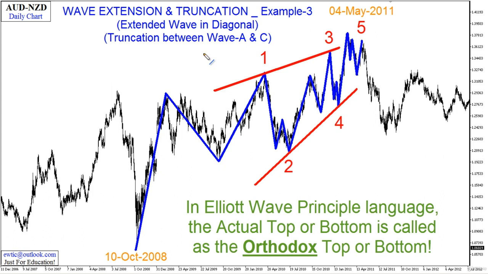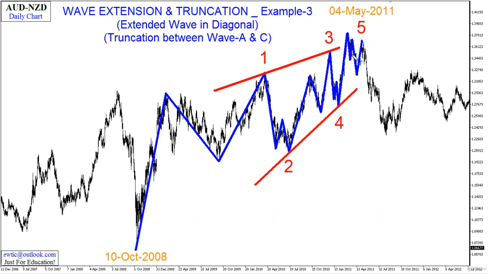So this is the truncation between wave A and wave C of this zigzag that formed wave 5 of this diagonal, right? So that's it. That's what I wanted to show you about the truncation.